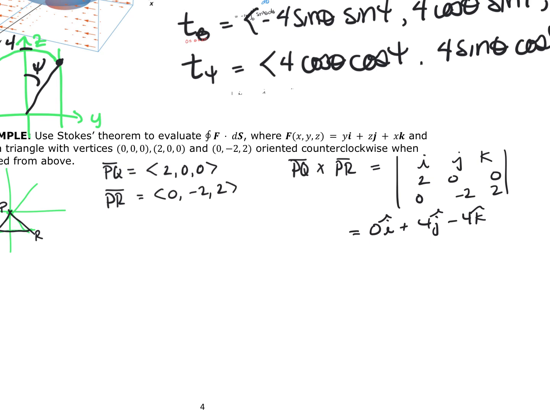So the plane can be described as 0 times (x minus 0), plus 4 times (y minus 0), because I'm going to choose any point, (0, 0, 0) being the best point, and then negative 4 times (z minus 0) is equal to 0. So then what I have is 4y minus 4z is equal to 0, and this is going to describe the plane. So that's the plane that it's on.